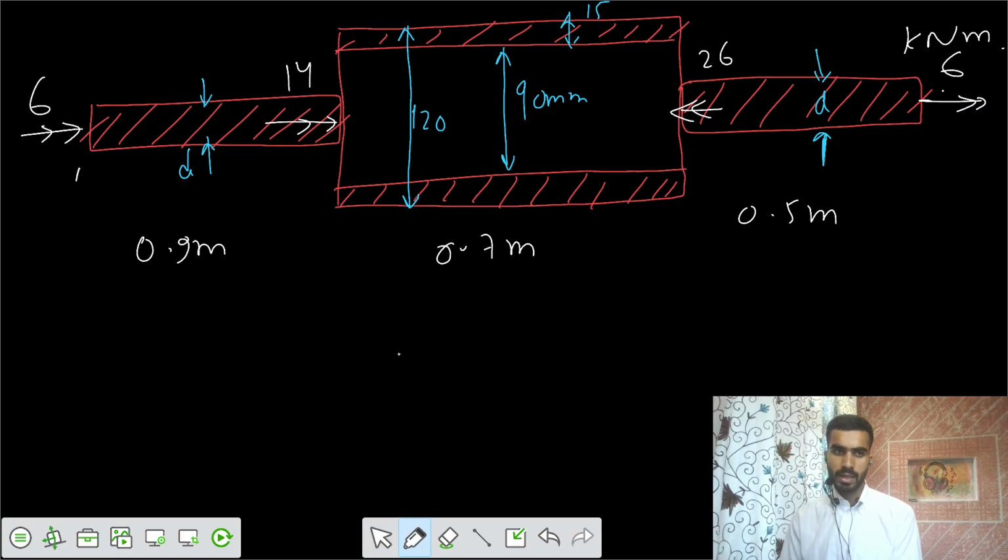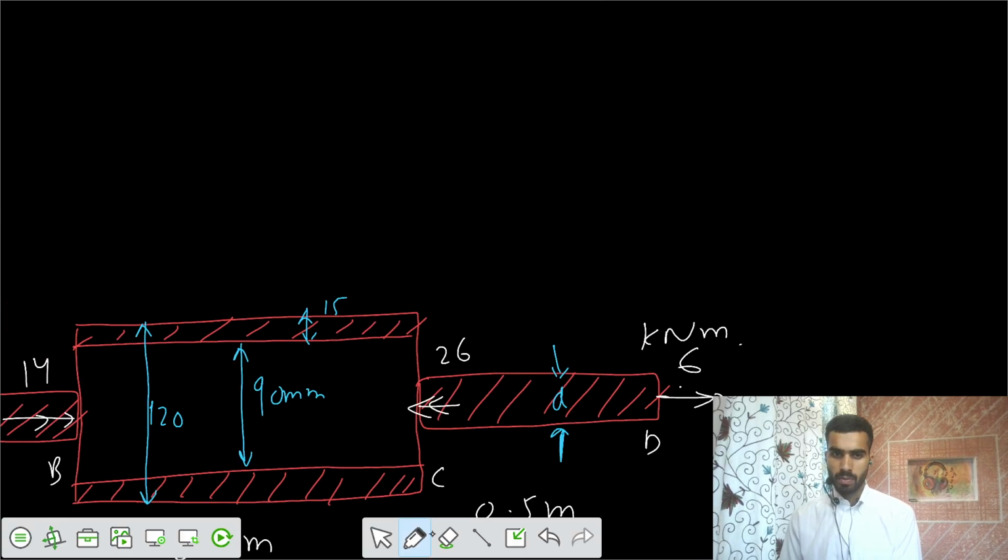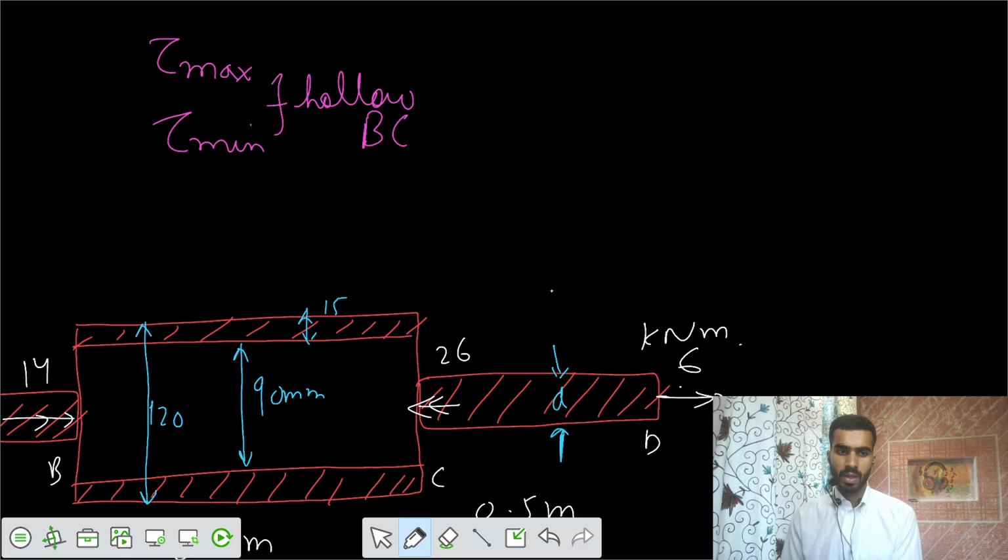Let's say the points are A, B, C, D. This is your shaft configuration. Now the problem says for your hollow shaft, the BC shaft, you need to get the maximum and minimum values of shear stress developed.